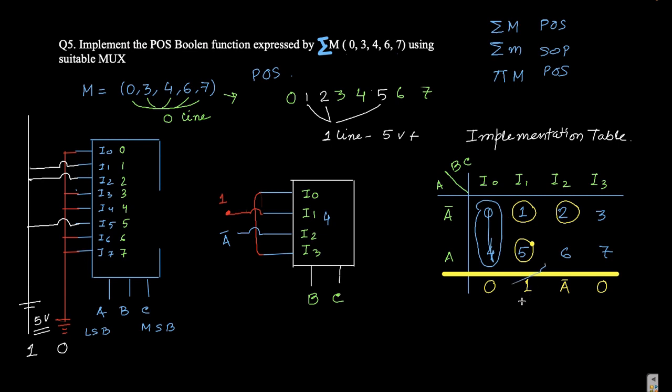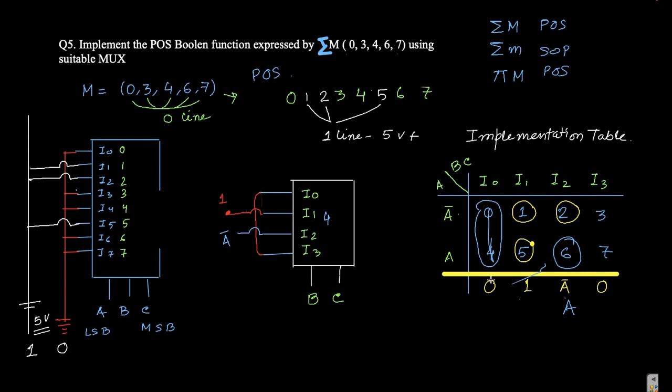When both are selected, it is 1. When only one is selected, which one is selected? This is in front of A bar, so it is A bar. If the circle were in front of A instead, you would write A over here.